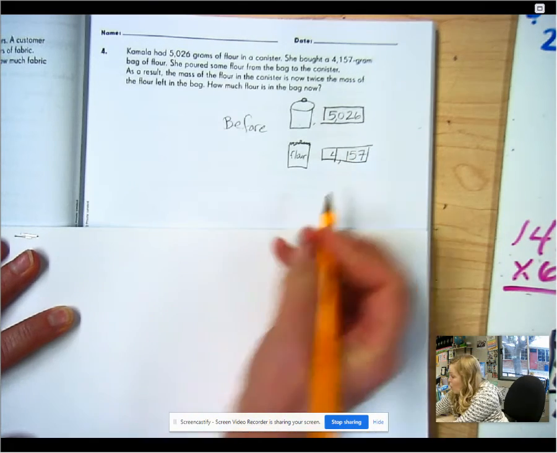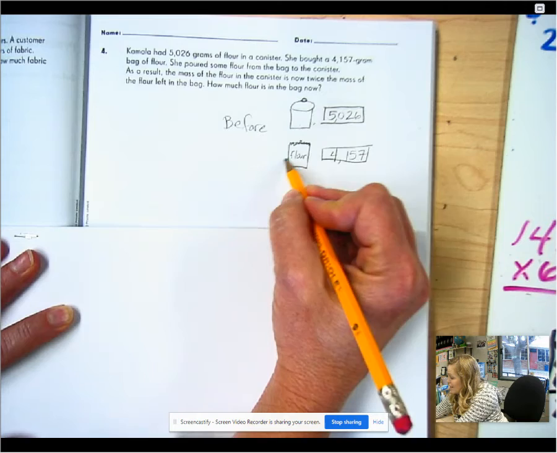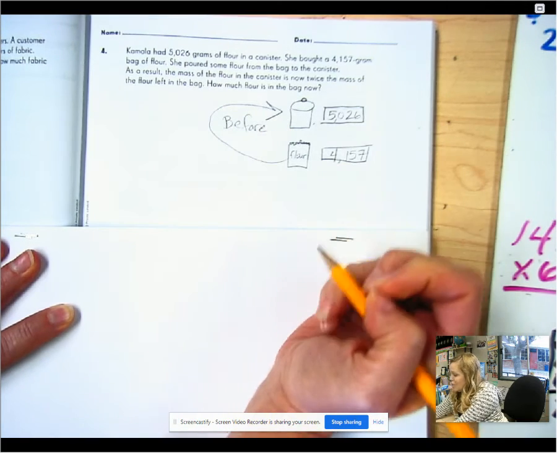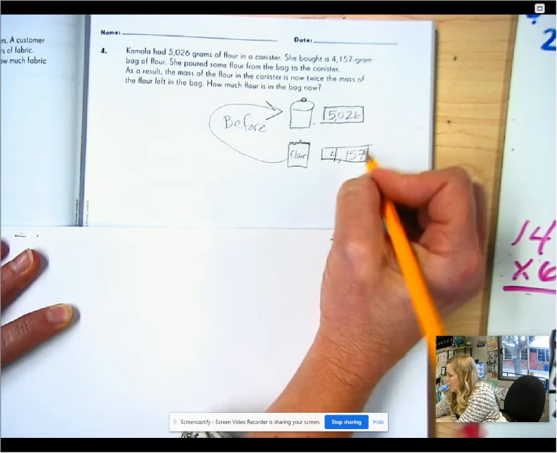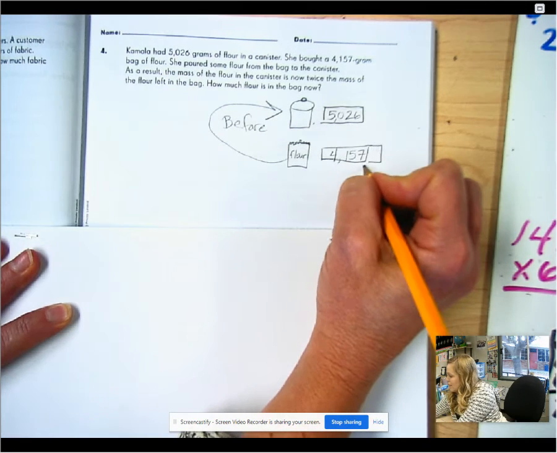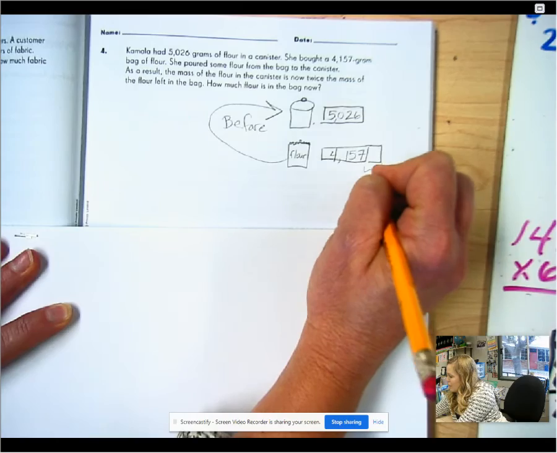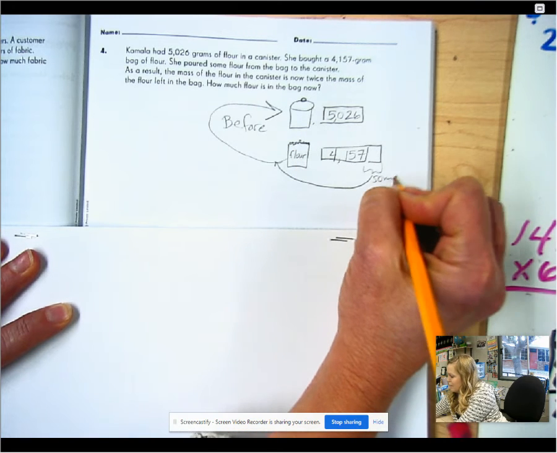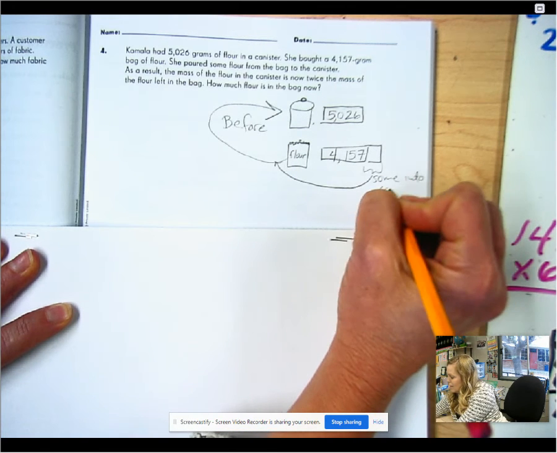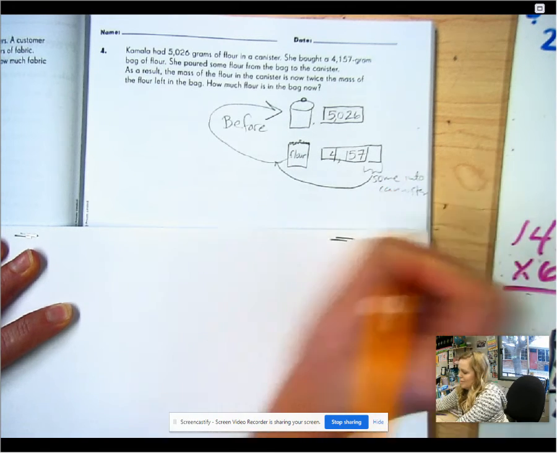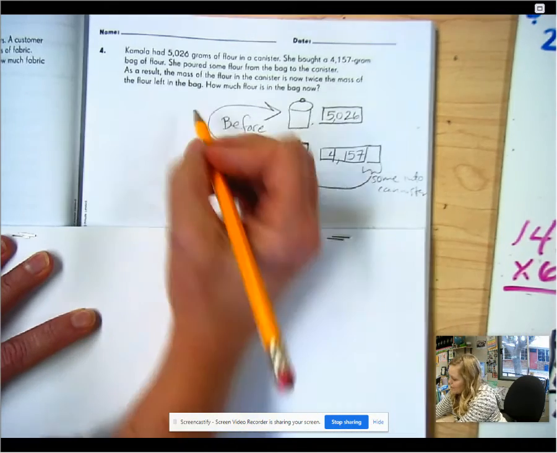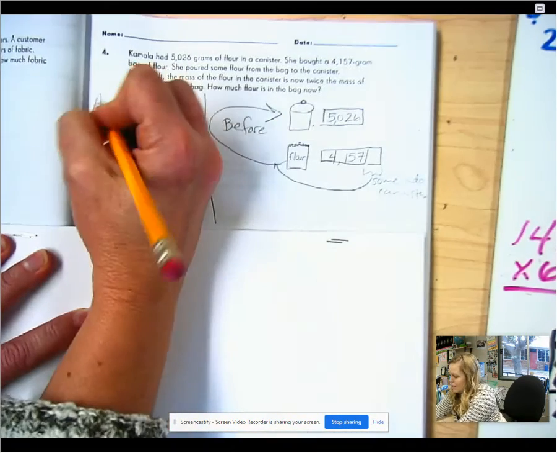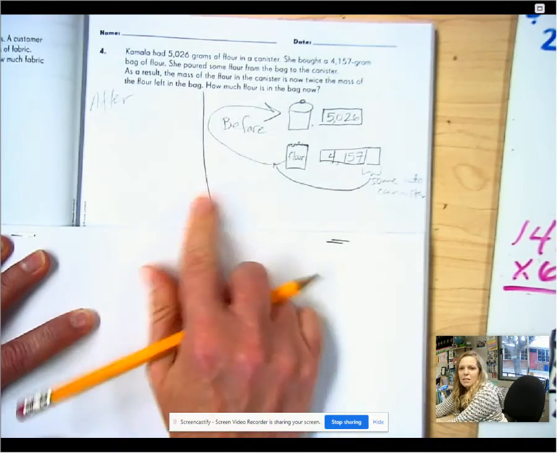But then she pours some of this flour into the canister. So we don't know how much, but some of the flour gets poured into the canister. Some into canister.